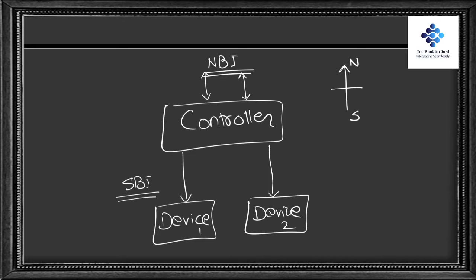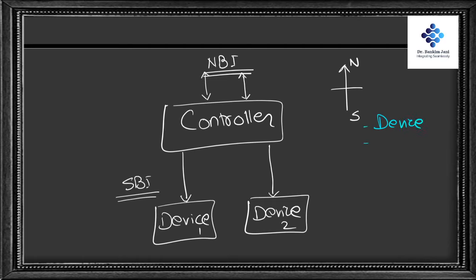Now, the function of NBI is very classical. What really happens is that this controller won't get a dream of all the devices which it is supposed to control. Those devices are specific switches.